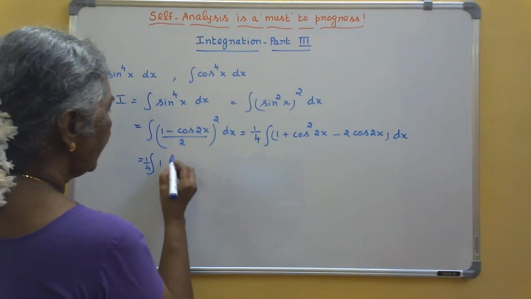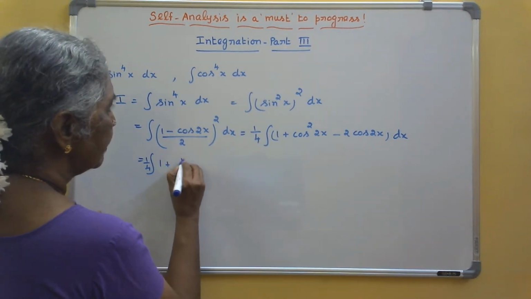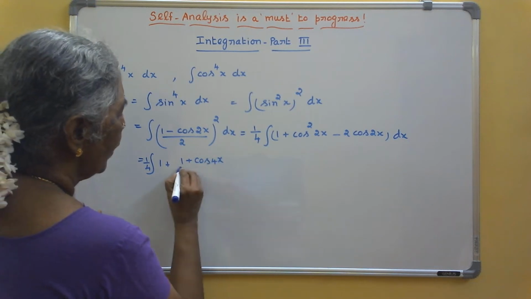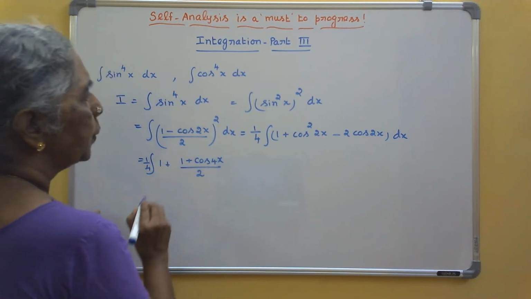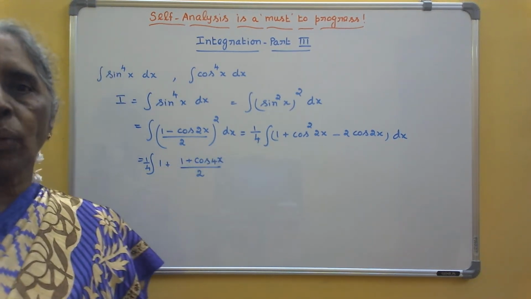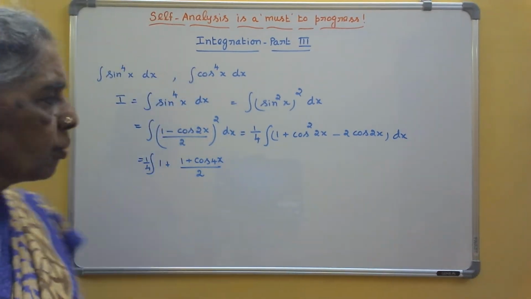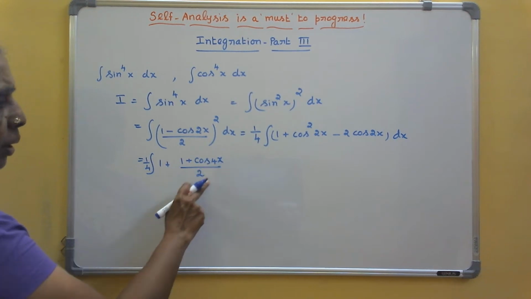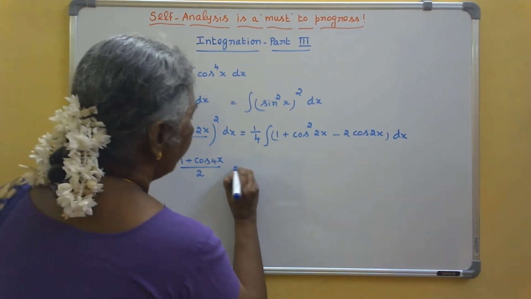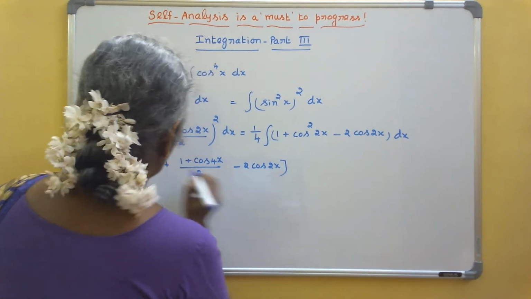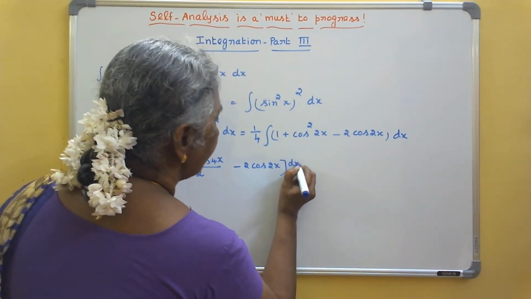This cos squared 2x can be written as (1 plus cos 4x) by 2, because cos squared x is (1 plus cos 2x) by 2. I will write the third term as it is. Then I am having a dx.